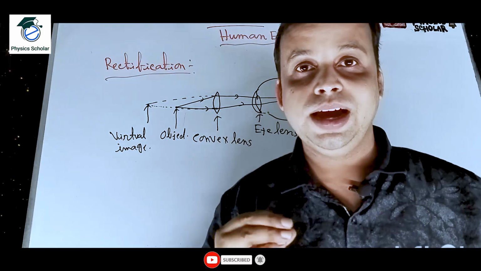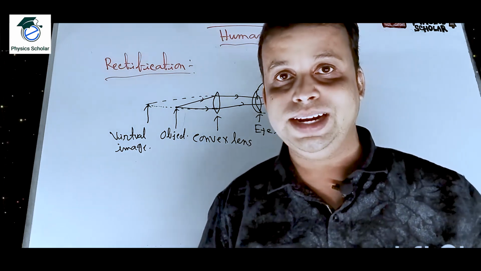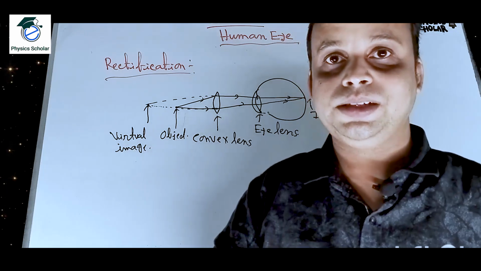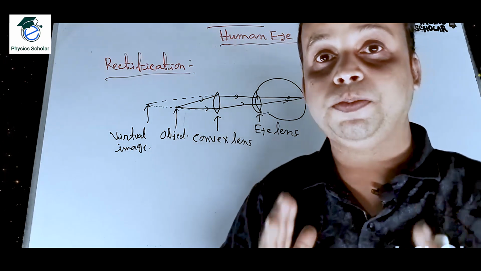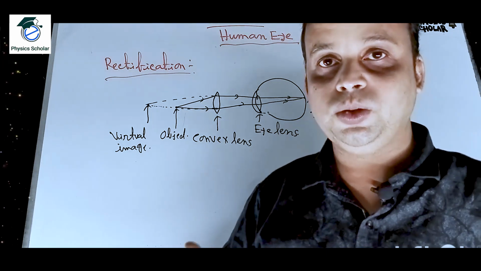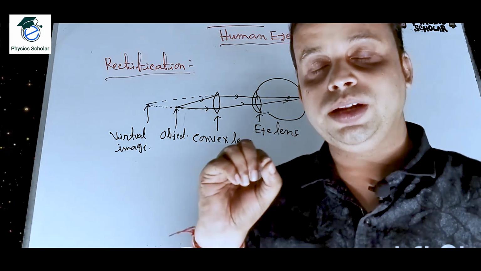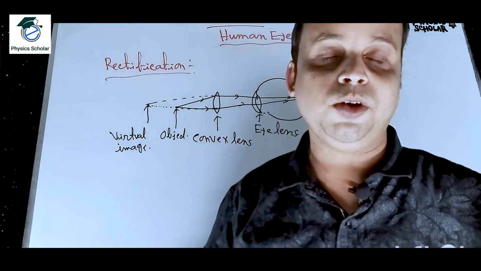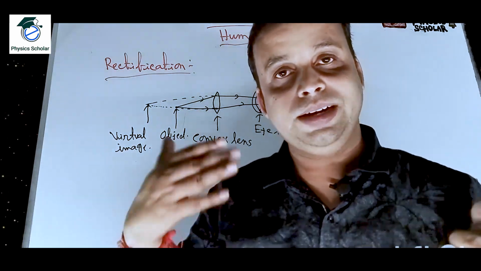In case of hypermetropia or long sightedness, we have to use a convex lens in our spectacle with the proper power, so that after refraction through the eye lens, the rays will meet at the retina for the nearby object, and we can view it properly.